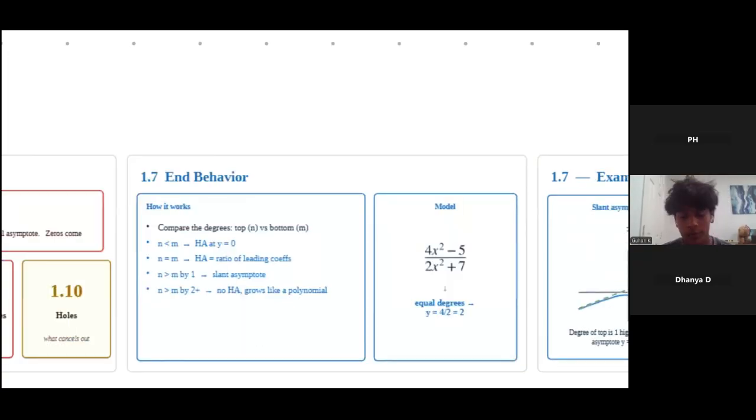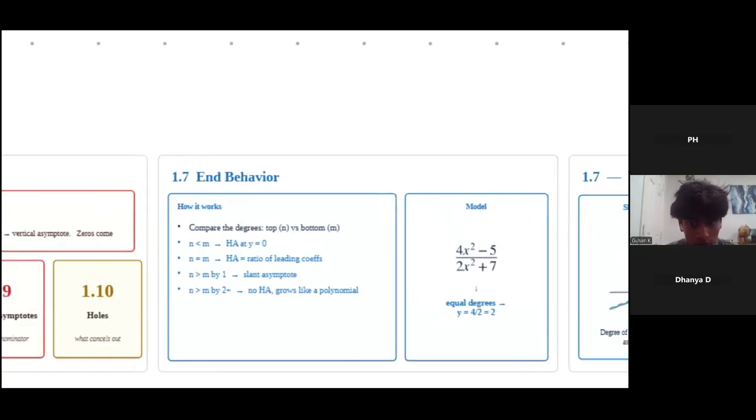Okay, so end behavior is what we're going to be trying to do first. If we're looking at this function, (4x squared minus 5) over (2x squared plus 7). The degree of a function is going to be the greatest degree it has. For example, if we have x squared plus x cubed plus 4, then our degree is going to be 3 because 3 is the greatest degree.